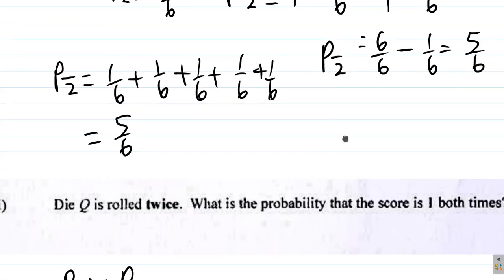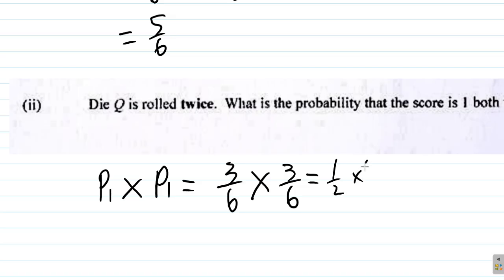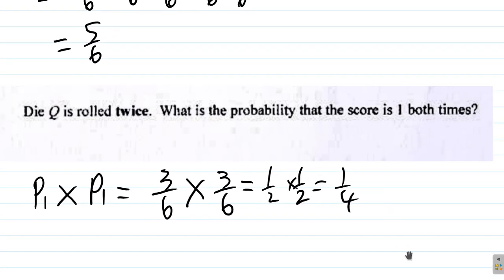So the probability of getting a 1 is 3 out of 6, same as a half. And then the probability of getting a 1 again is 3 out of 6, 3 ones out of 6 available numbers. So this is the same as half times half, which is a quarter. So the probability of getting a 1 both times is a quarter.